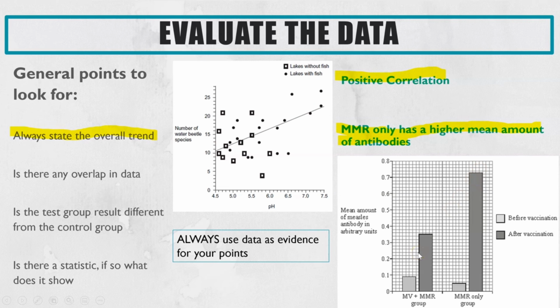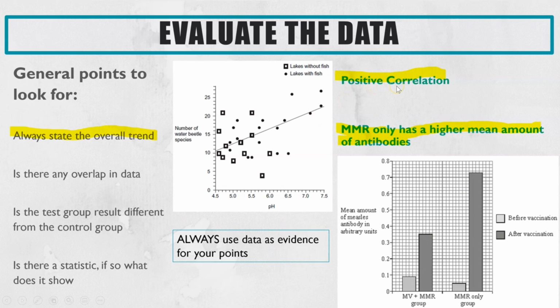And in this example, the overall trend is a difference. We can see that the MV plus MMR group is lower than the MMR only group, so MMR only has a higher mean amount of antibodies. So when you are evaluating the data, that will always be mark number 1 for stating the overall trend. And I've put down here as a reminder, you should always be using data as evidence for your points.